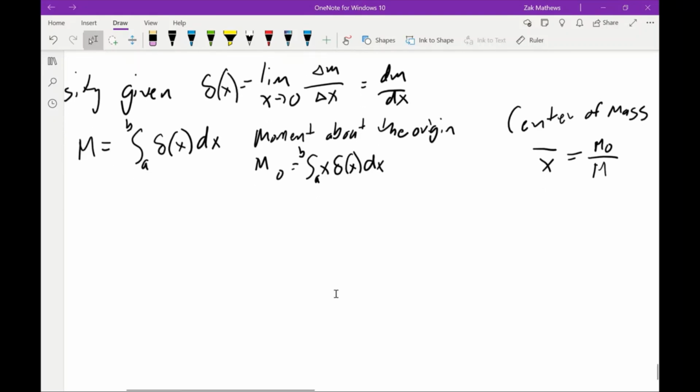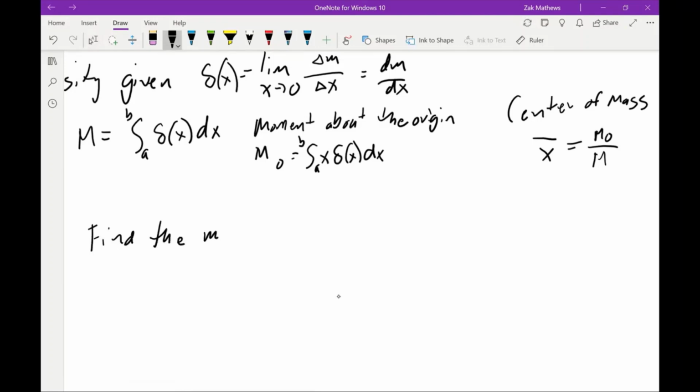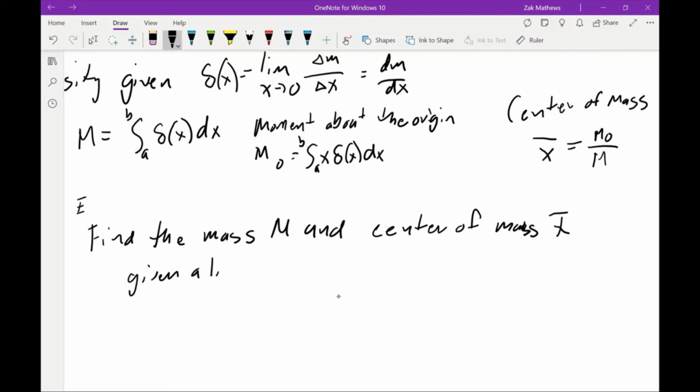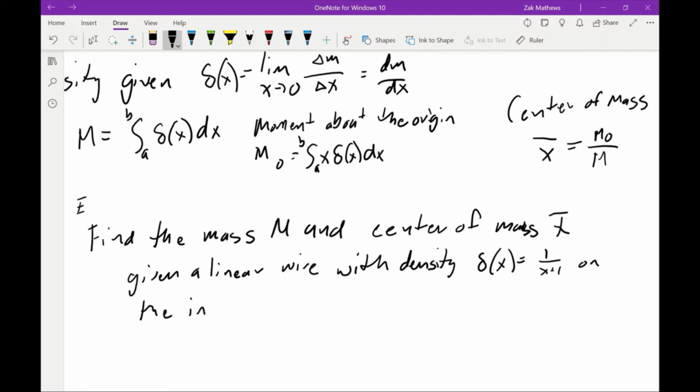So find the mass m and the center of mass, the x bar, not the m bar, but the x bar, given a linear wire with density delta x is equal to 1 over x plus 1 on the interval 0 to 3.